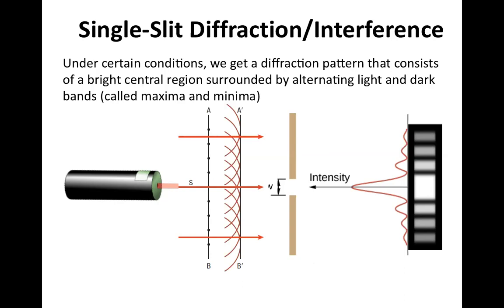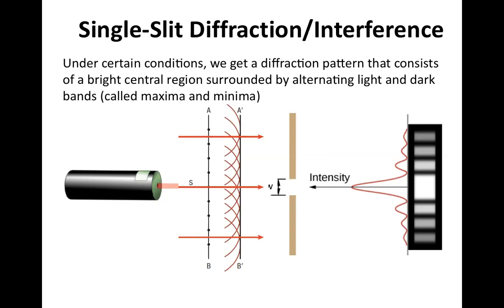And since we've recently finished Young's double slit interference, you might see some similarities between this single slit diffraction pattern and the double slit interference. But at first, when you see single slit interference, you might wonder how can there be interference if there is only one slit?